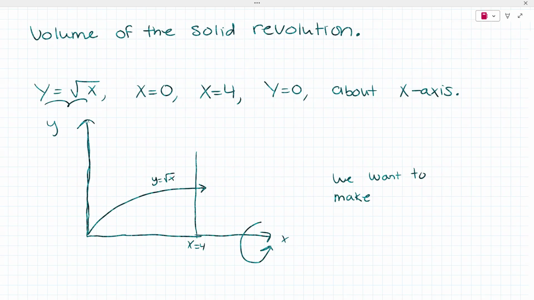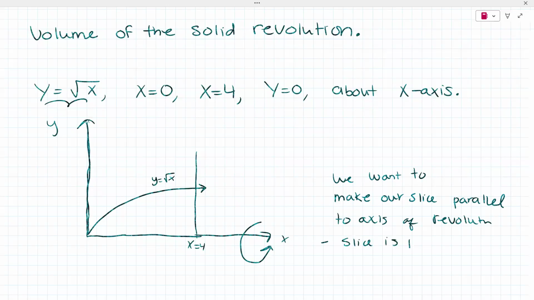So we want to make our slice parallel to the axis of revolution. So in this case, our slice is perpendicular to the y-axis.